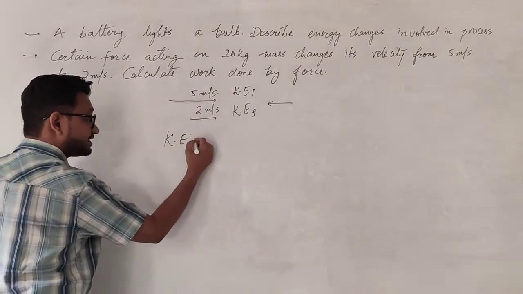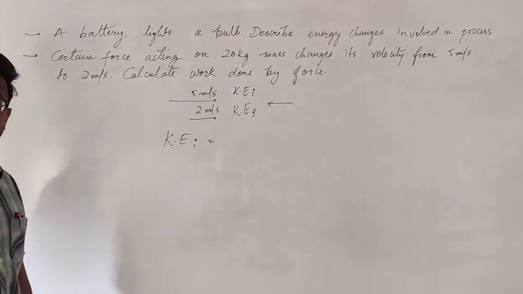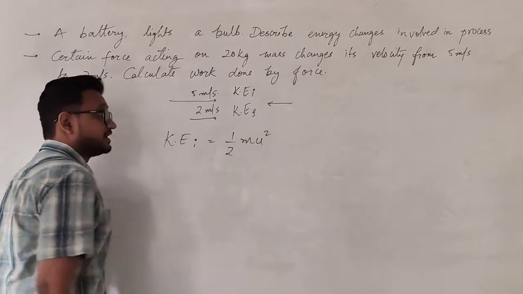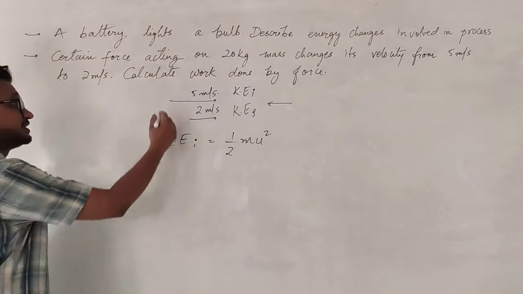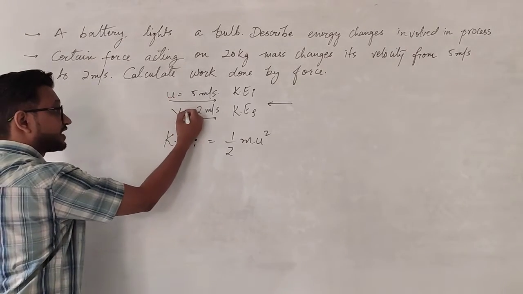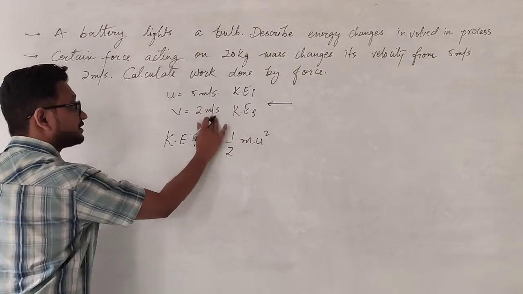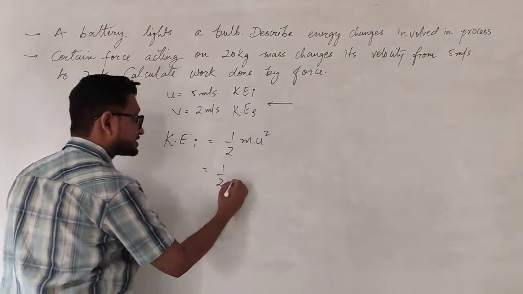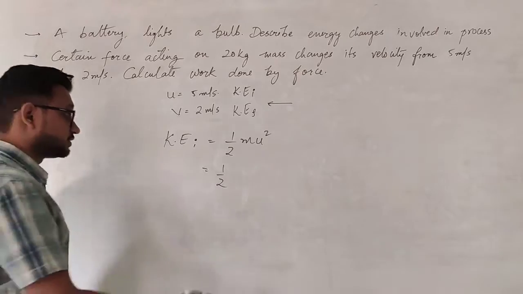Initial kinetic energy is equal to half m u square. U is the initial velocity, 5 meters per second. Half, mass of the object is given, that is 20 kilograms.